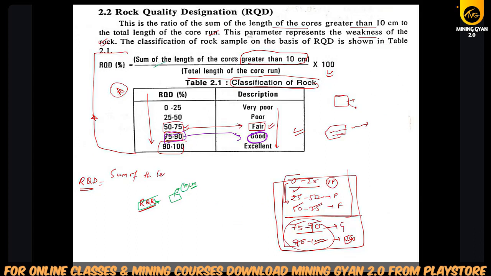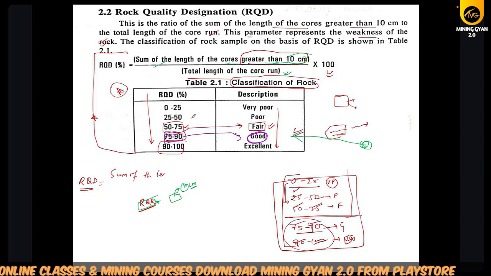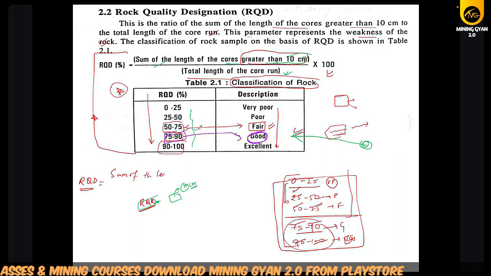So the sum of the lengths of the core pieces greater than 10 centimeters divided by the total length of the core gives the percentage of RQD. Then we check in which range our RQD is, and according to the range we decide which type of rock it is. So remember this formula.